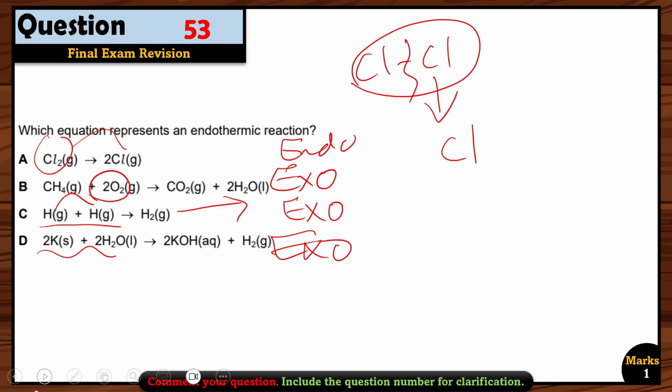You have to remember some of these reactions. Decomposition reaction, if you see anything breaking into two, you have one reactant and it gives you two products, then that is also an endothermic reaction, okay? Remember that decomposition, photosynthesis, cooking, these all are endothermic reactions. Bond breaking, also an endothermic reaction. So option A is right for this question.